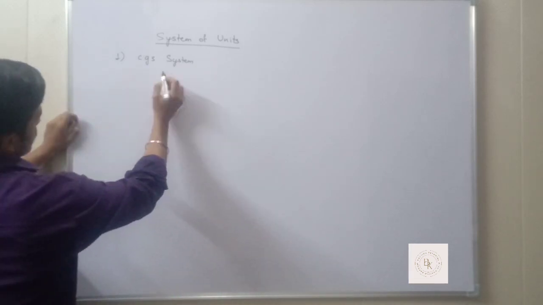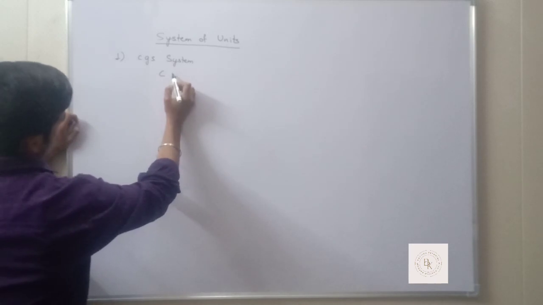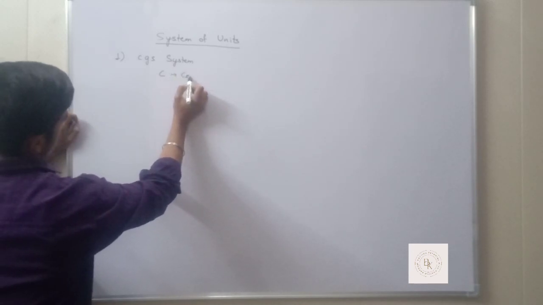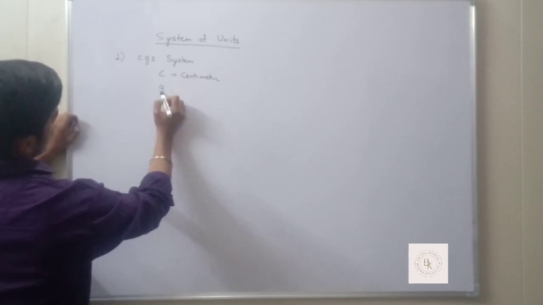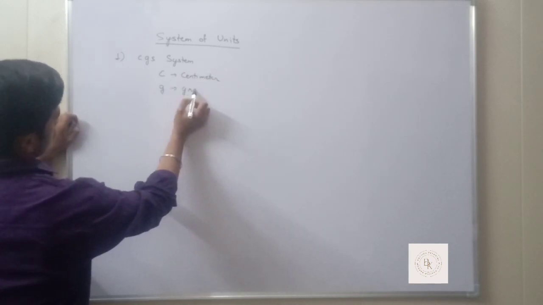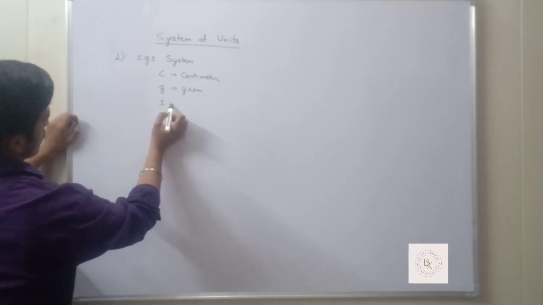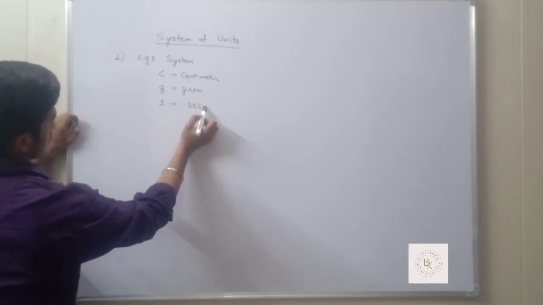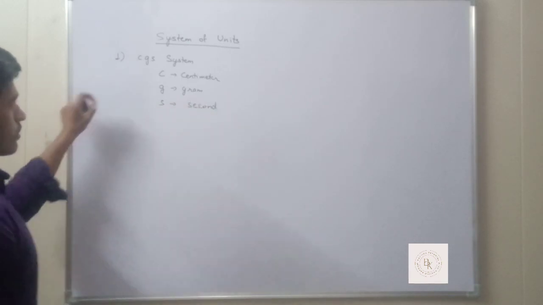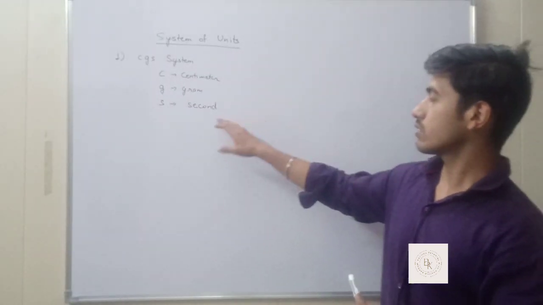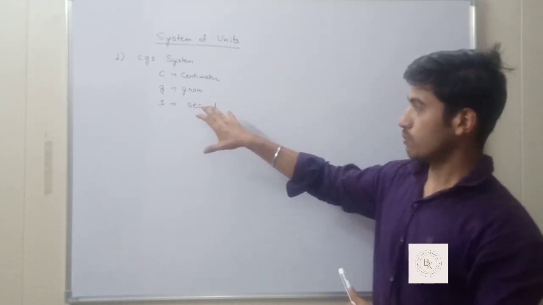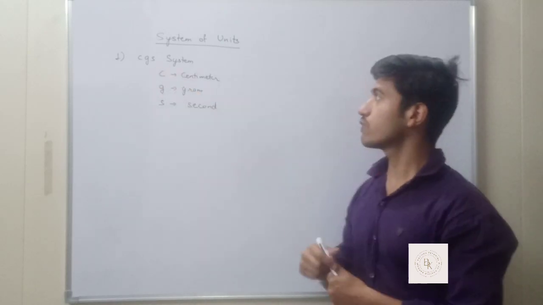C is for centimeter, G is for gram, S is for second. So centimeter, gram and second are used as the basic units in the CGS system of units.